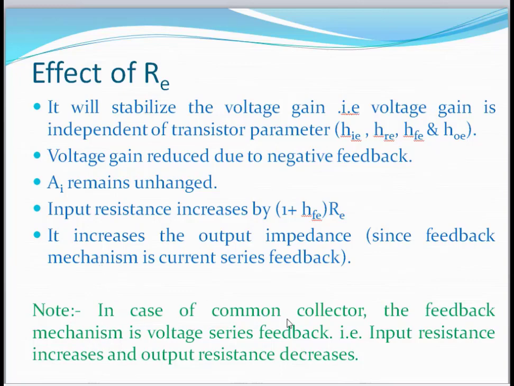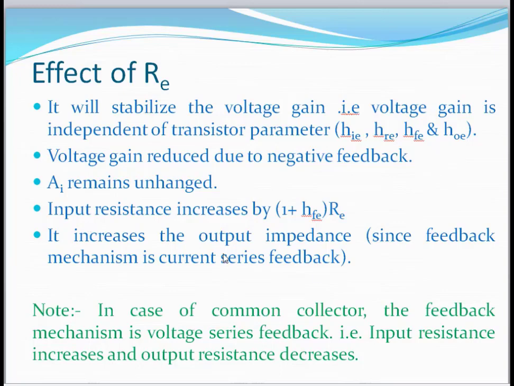In the case of the common collector, the feedback mechanism is voltage series feedback, and in voltage series feedback, input resistance increases whereas output resistance decreases. But in the case of common emitter, we have seen that the feedback mechanism is current series feedback, where input resistance and output resistance both increase.